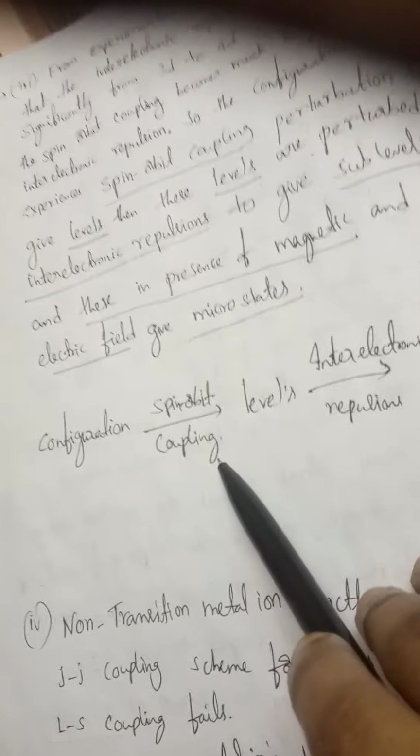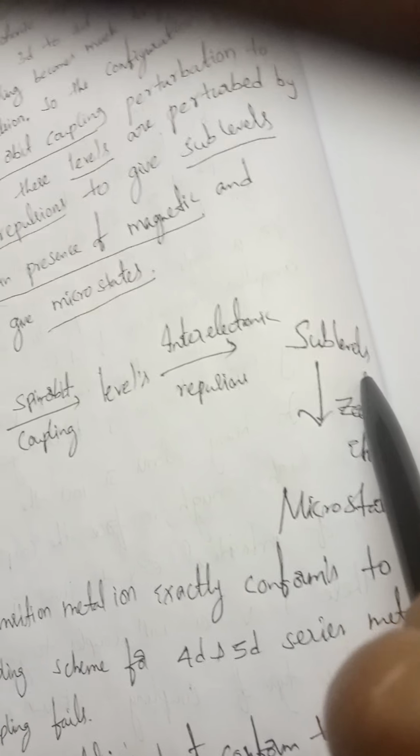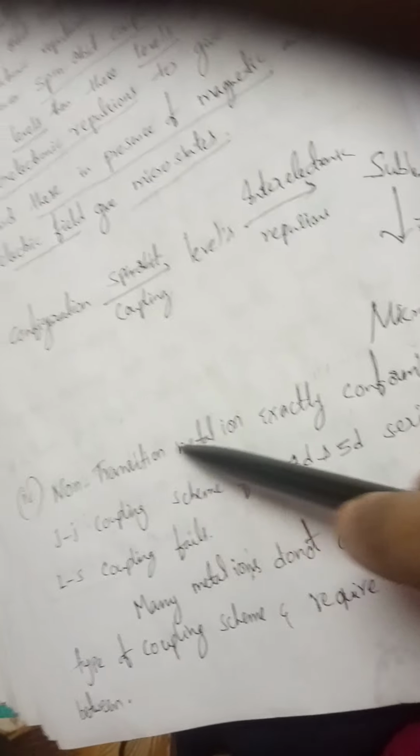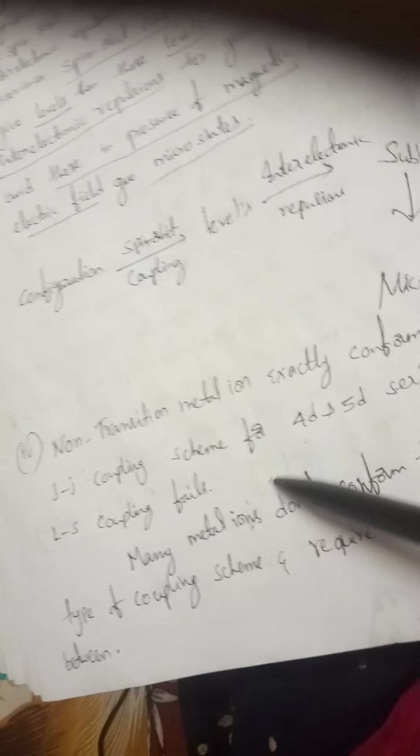Non-transition elements conform exactly to the jj coupling scheme. For 4d and 5d metals, LS coupling fails. Many metal atoms do not conform to either type of coupling scheme; sometimes something in between them is required.